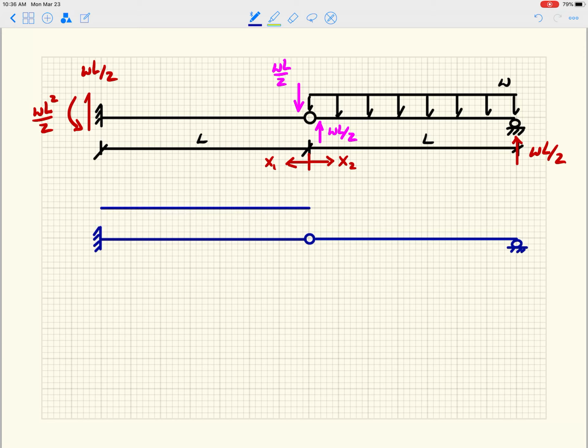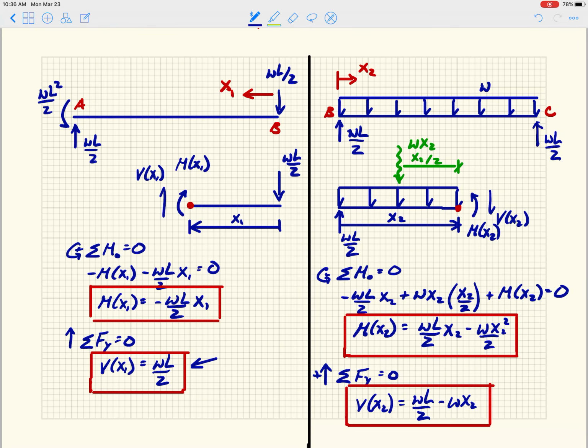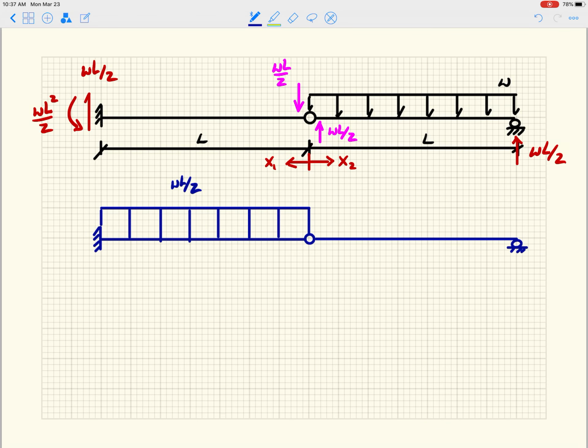Right? So that's just there. Positive WL over 2. And then if we look here, the shear force is WL over 2 minus WX2. So when X2 is 0, it's just WL over 2. When X2 is L, it's minus WL over 2. And so that guy looks like this.